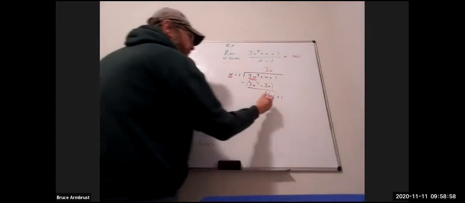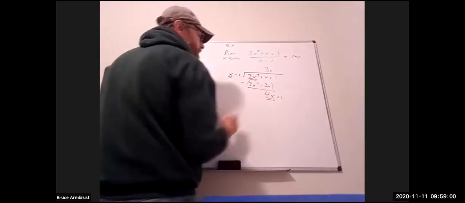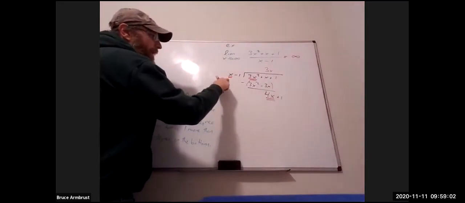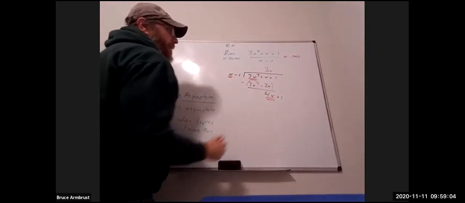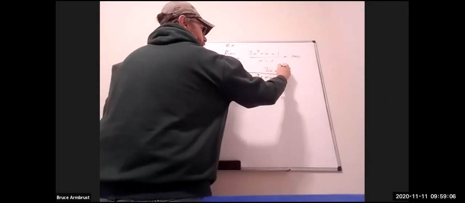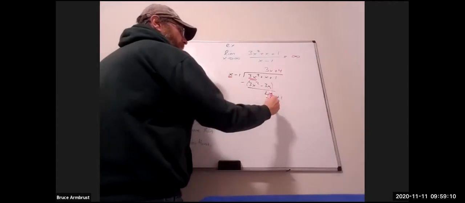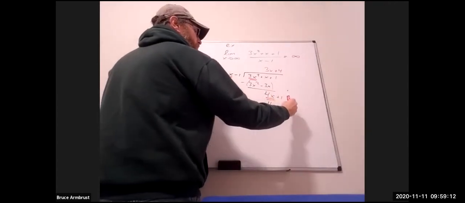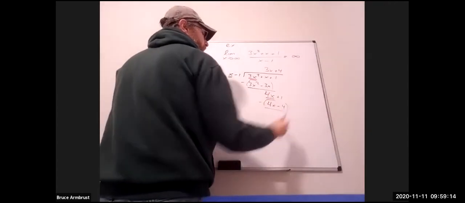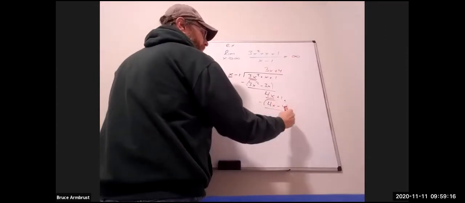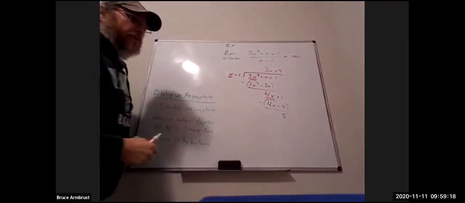But now we're going to do the same thing. We're going to look at these leading terms and figure out what do I multiply to x to get 4x. And the answer to that is 4. So you do that multiplication, you get 4x minus 4. We subtract it off. 1 minus negative 4 is a 5. So 1 plus 4 is 5.